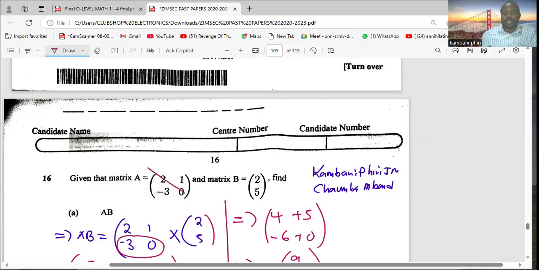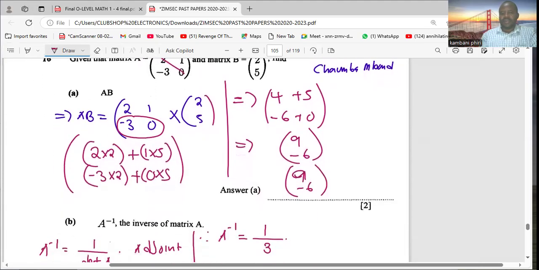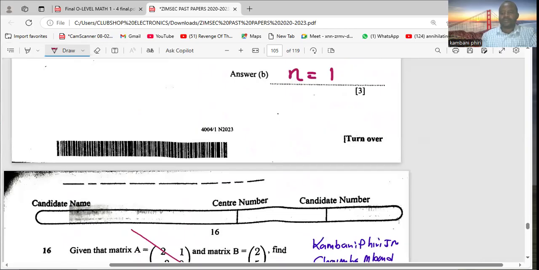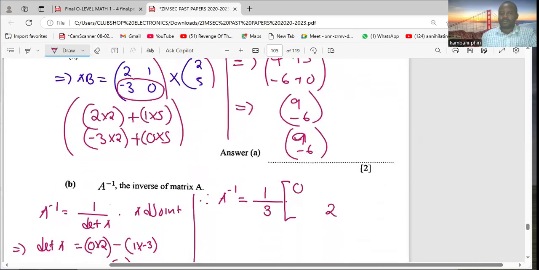The major diagonal, you interchange their positions, so we are going to have 0, 2. With the minor diagonal you multiply by negative 1. So this will be 3 and this will be negative 1. 3, negative 1. And this is your solution.